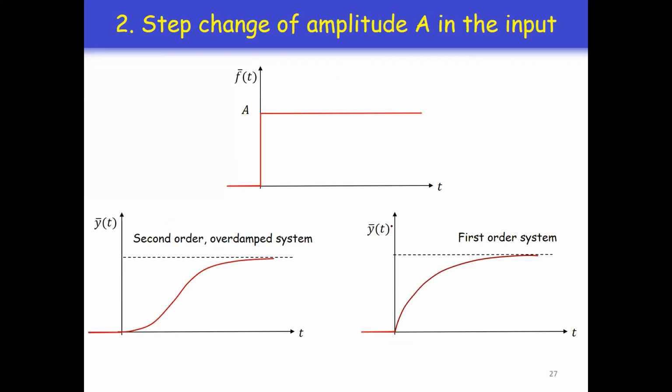Basically, they are similar asymptotically, but at short times, the second order system is much slower than the first order system. And the third order, the fourth order, the 10th order system is even more sluggish. So you don't want to deal with sluggish systems, because the effect of the disturbance will arrive later and will persist much longer.